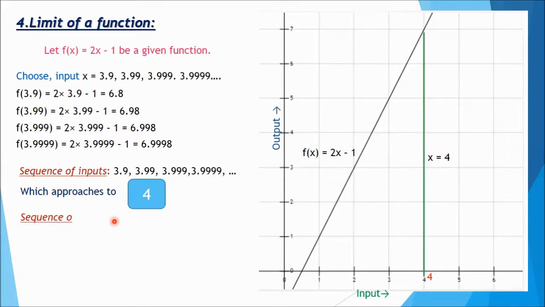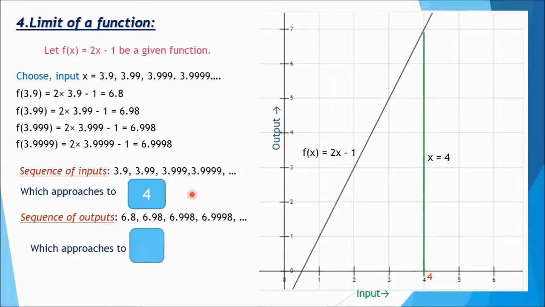Now let's see the sequence of output, like 6.8, 6.98, 6.998, and dot dot dot. Now it is also approaching towards a fixed real number, and that fixed real number, you know very well, is 7.